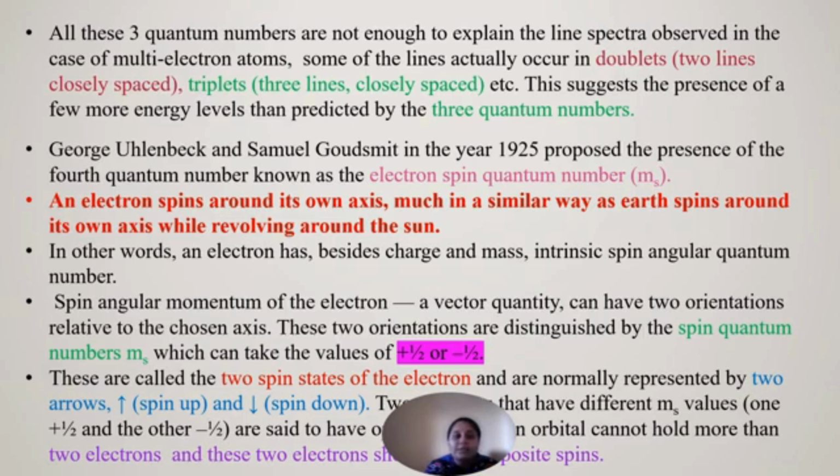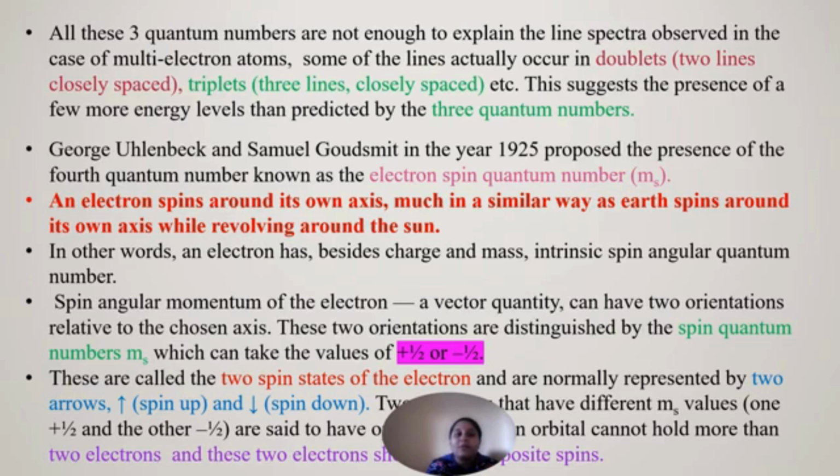In the same way the planets revolve around the Sun, the electron revolves around the nucleus. In other words, an electron has charge and mass, and the intrinsic spin angular quantum number is also present.